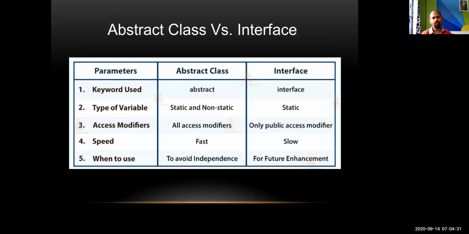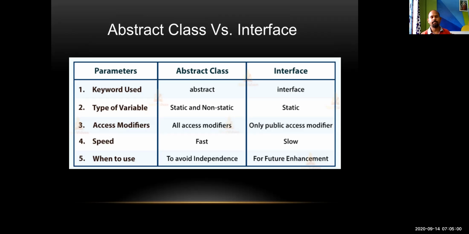Now we are coming to another slide. Here we are comparing abstract class and interface. Interface is another feature of object-oriented programming, and especially in Java programming, interface is used very much. There is often a debate between abstract class and interface.